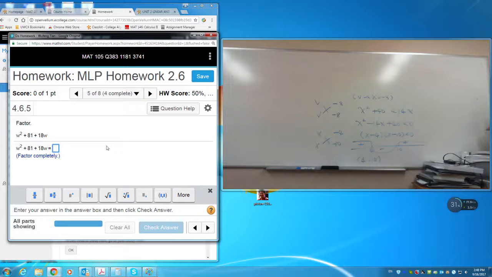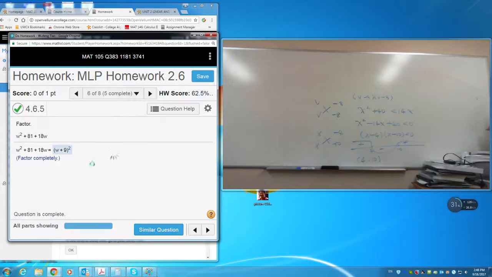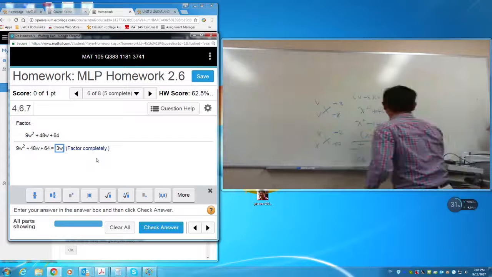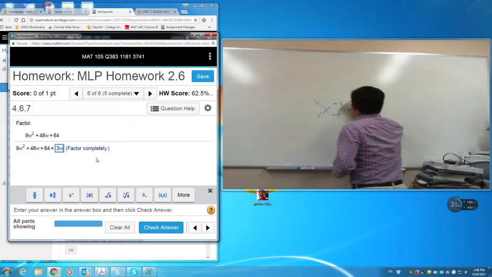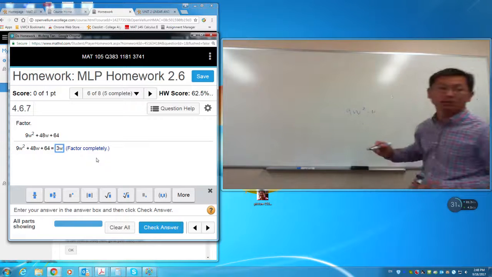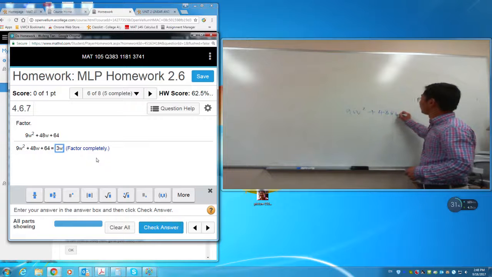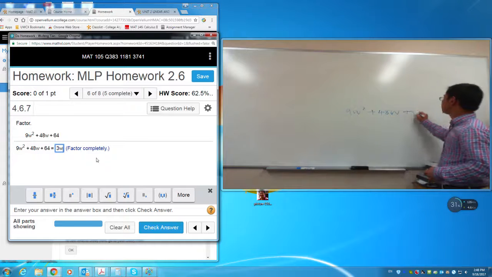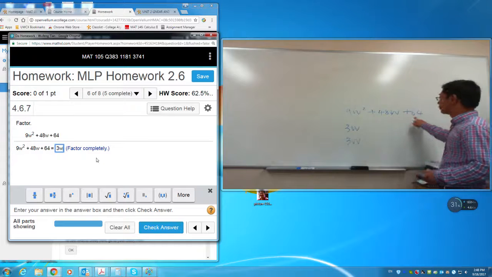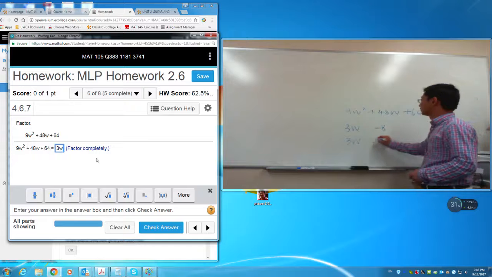This is w plus 9 times w plus 9, which is w plus 9 squared. Okay, the next one is 9w squared plus 48w plus 64. 9w squared can be 3w times 3w. 64 is 8 times 8, positive.